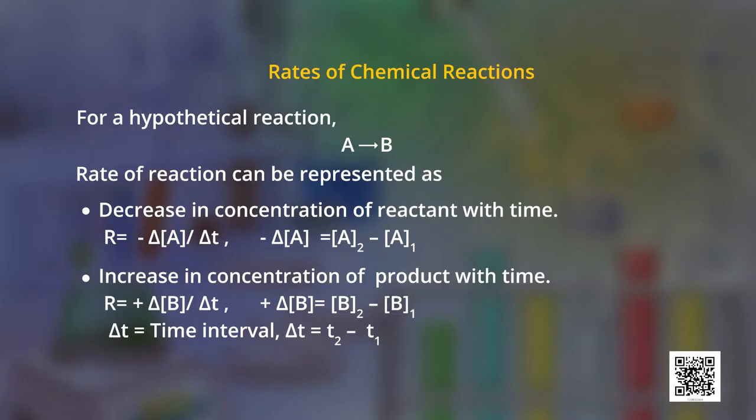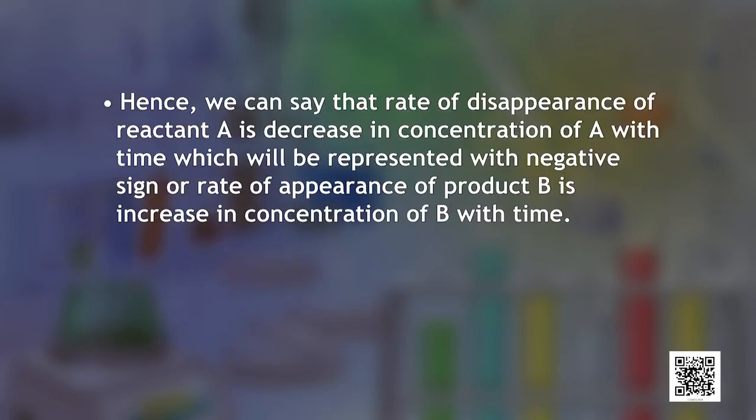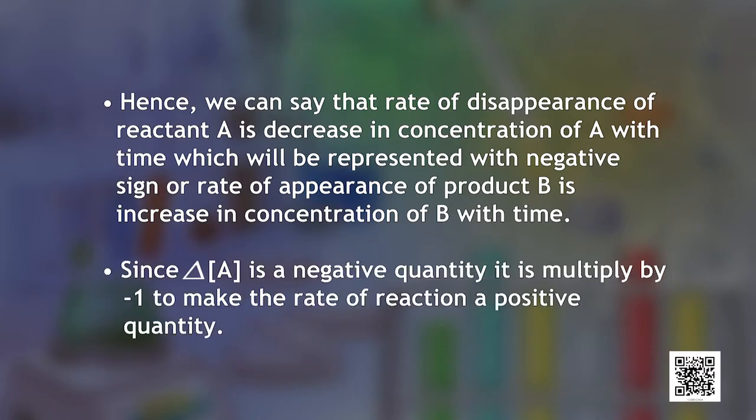The square brackets in these equations are used to express molar concentration. Hence, we can say that rate of disappearance of reactant A is decrease in concentration of A with time, which will be represented with negative sign, or rate of appearance of product B is increase in concentration of B with time.